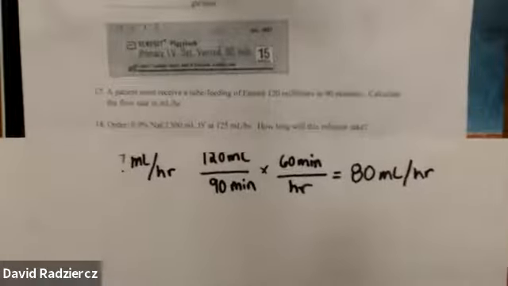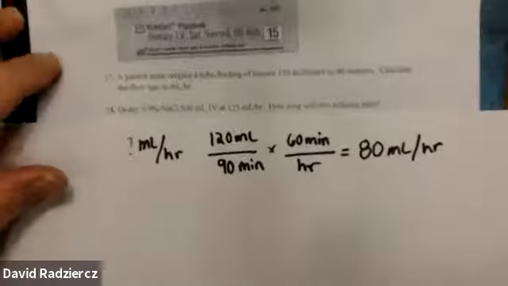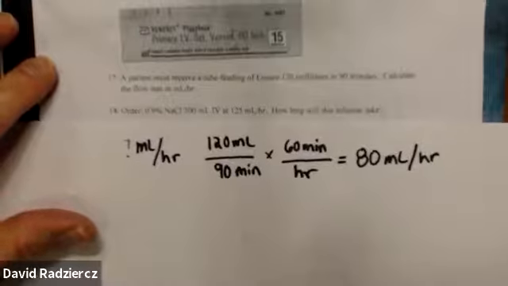All right. Another infusion question is number 18. It says the order is 0.9% normal sodium chloride, 500 milliliters IV, infusing at 125 milliliters per hour, and it wants to know how long this infusion will take.